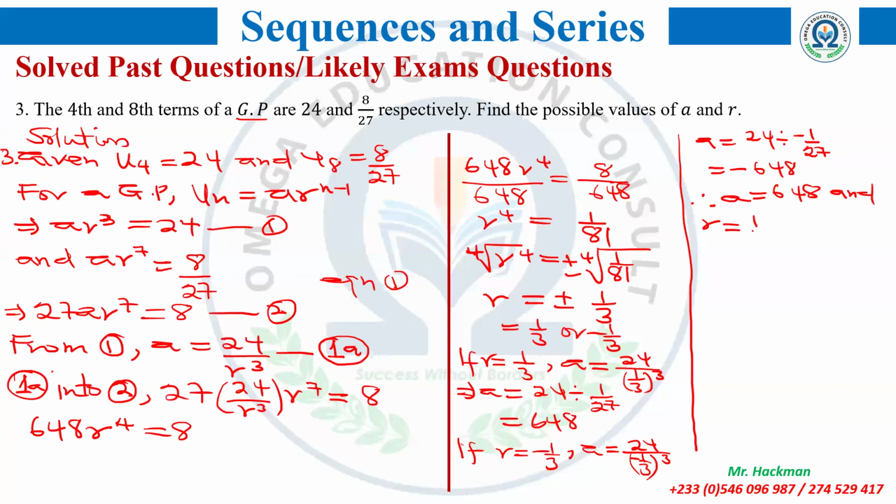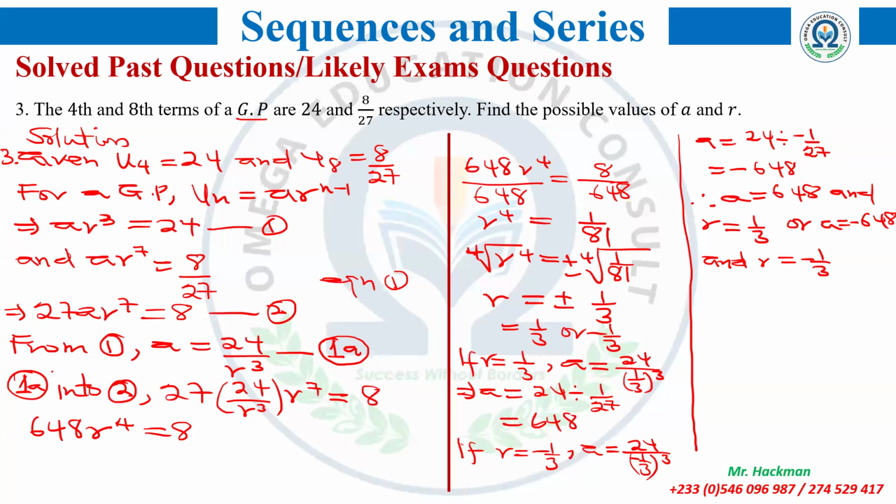Am I right? Yes, please. Or our second A gives us minus 648, and our second R, -1/3. You are done. Are we fine?